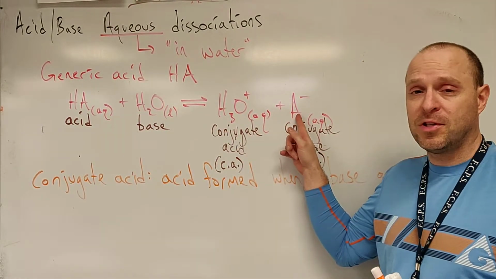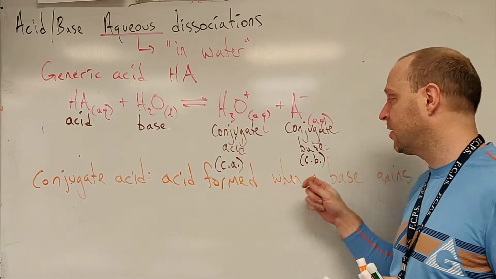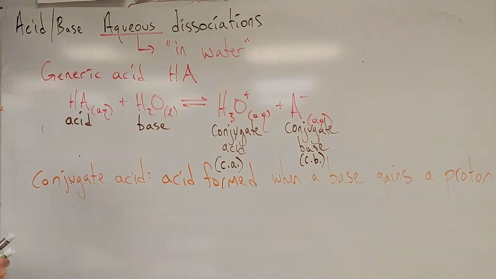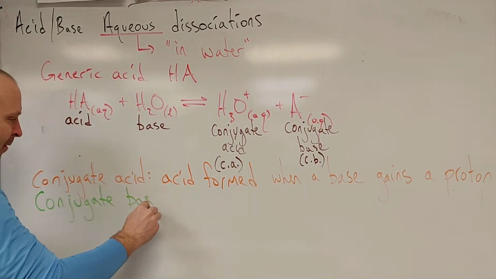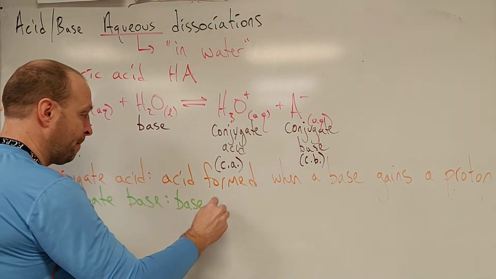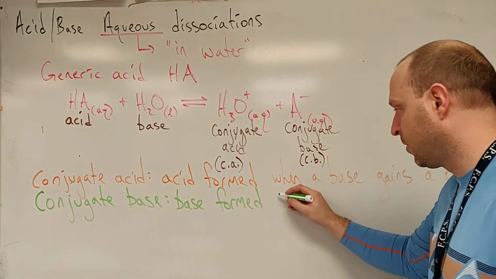So this is in a position to accept a proton. That means it is a base, right? In that direction, it accepts a proton. That's our conjugate base. This is not the best color choice for this, but we'll live. All right, that is our base that's formed when an acid loses a proton.